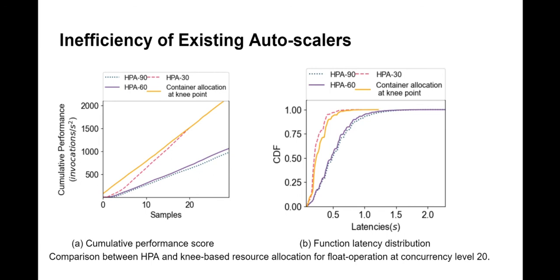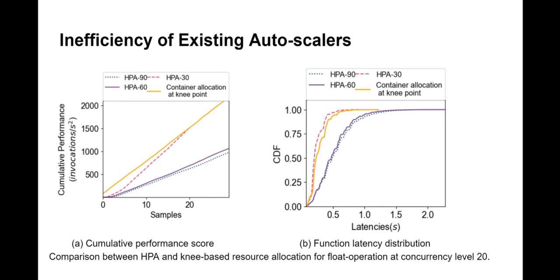To evaluate knee-based resource allocation, we set the replica count to 34, which is the knee point detected by the KNeedle algorithm as shown in the previous figure. Figure A shows that the cumulative performance scores of HPA 30, 60, and 90 are significantly lower than that of knee-based resource allocation.